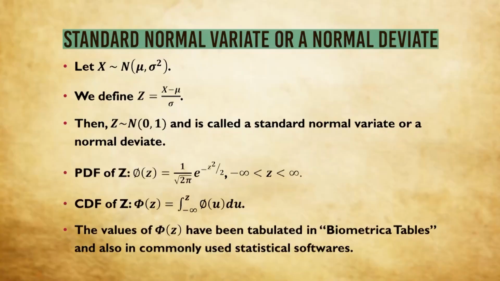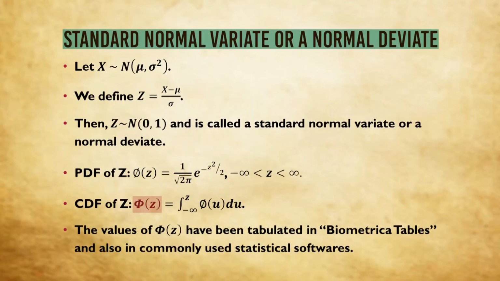So the PDF of z is very simple. It's basically the PDF of a normal distribution with mean 0 and variance 1. You can see on the slide. The CDF can also be seen on the slide. One good thing is this: the values of capital phi z, that is the CDF of z, are tabulated in biometric tables and also in various statistical softwares. So we need not perform this integration actually.